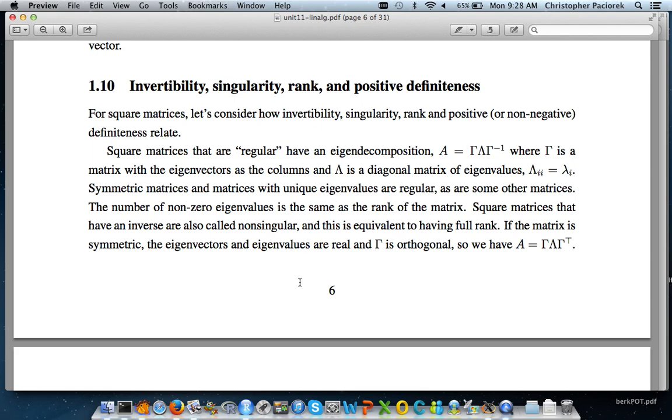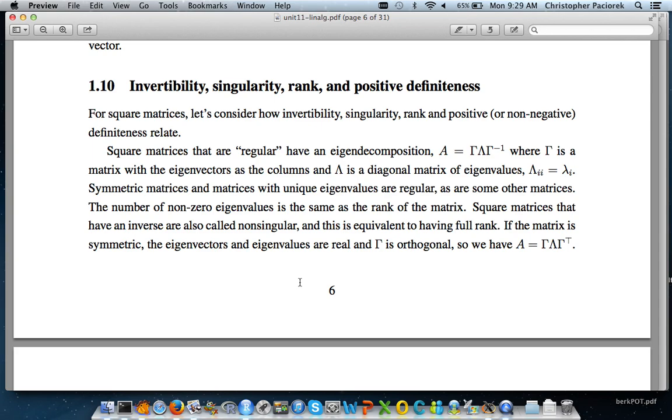That's also equivalent to all of the lambda i's, where I'm going to denote lambda as the diagonal matrix with lambda 1, lambda 2, up through lambda n, being bigger than 0. That then implies, although that's not an equivalence, that the determinant of A is bigger than 0. This is equivalent to A being invertible, and that's then equivalent to A being non-singular.